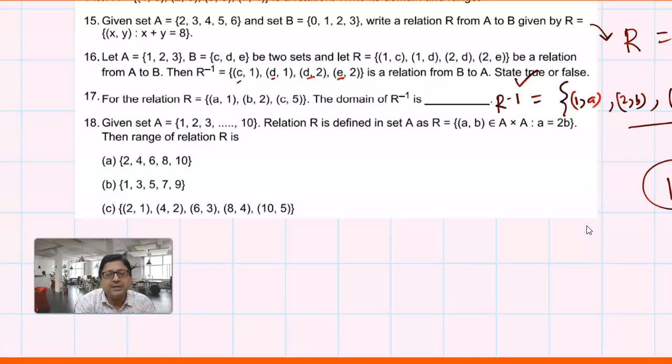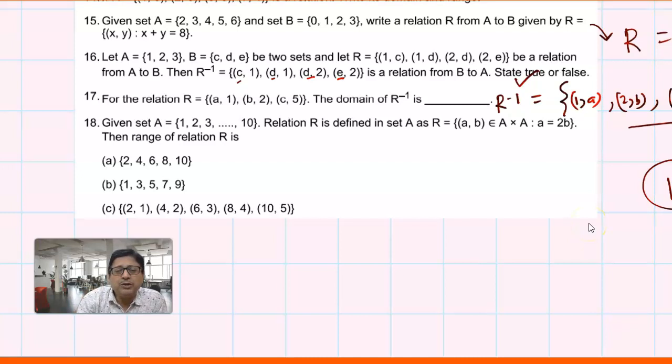Now set A is this. Relation R is defined in the set A as (a, b) belonging to A cross A such that a equal to 2b. Then the range of the relation R will be what? So range will be the set of b, and it is given a equal to 2b. a is taken from this set. It is defined on set A. So both will come from set A only.